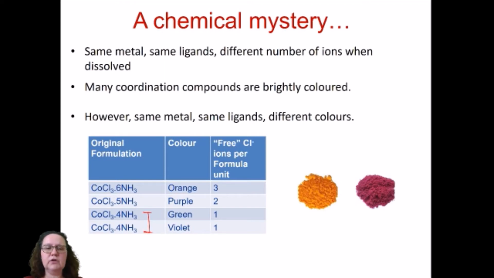How could 4 complexes that have the same number of chloride ions in theory not free the same number of chloride ions when dissolved? And how could 2 compounds with the same formulation have 2 different colors? How could they be 2 different compounds when they both had a cobalt ion, 3 chlorine atoms, and 4 molecules of ammonia?